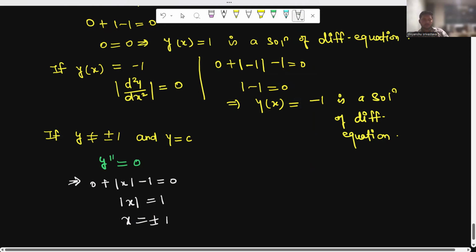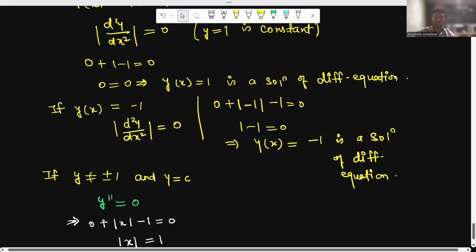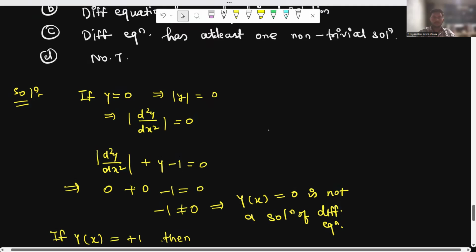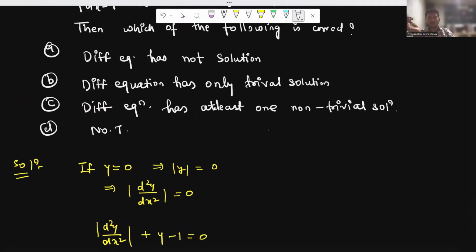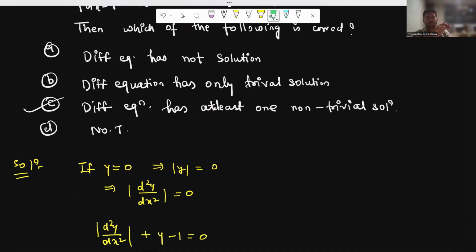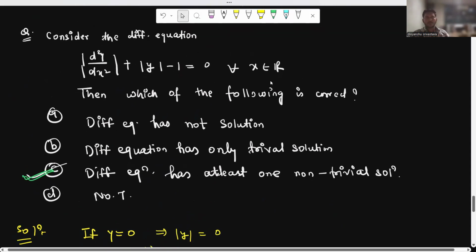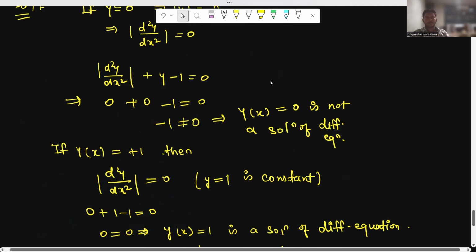So these are your assumptions, and here you got some value. Then you say that it is a non-trivial solution. So here you got at least one non-trivial solution now. So these are your correct options, and the others are not. These are also some differential equations.